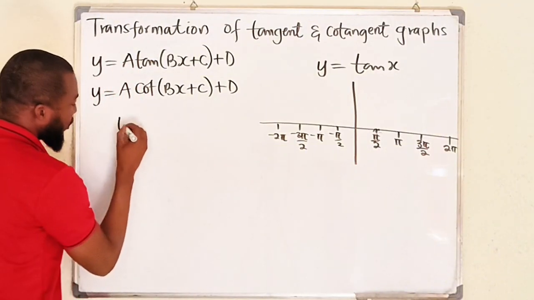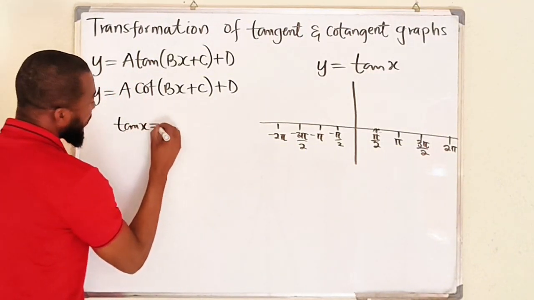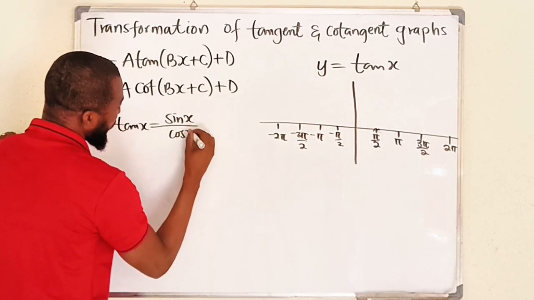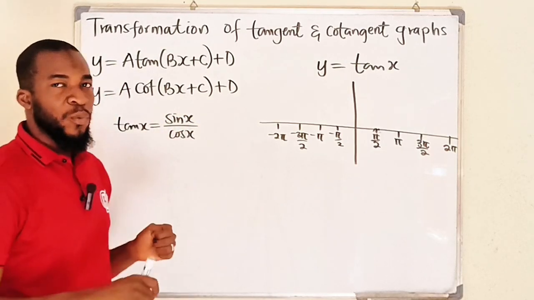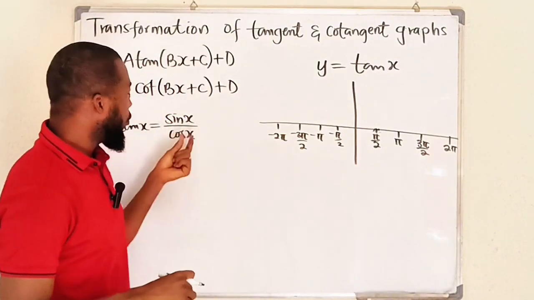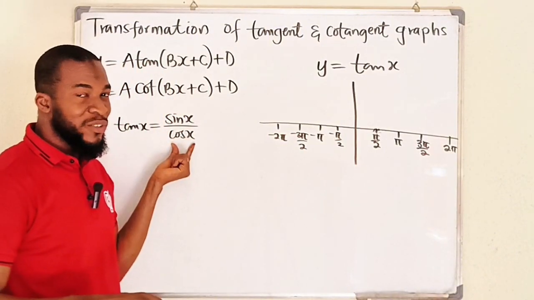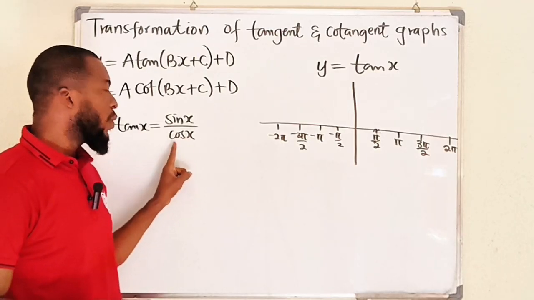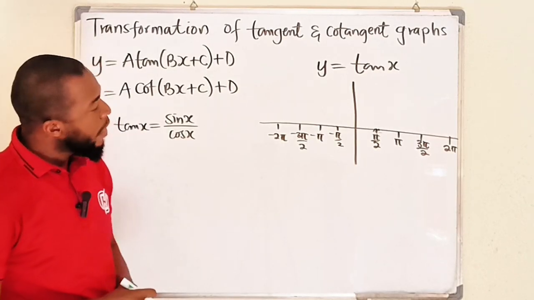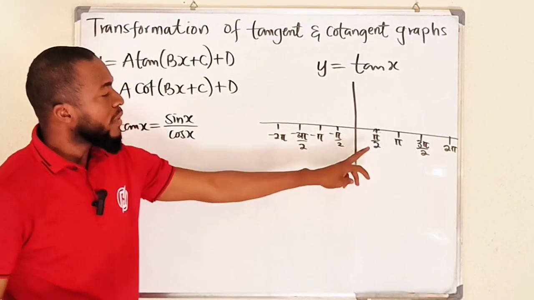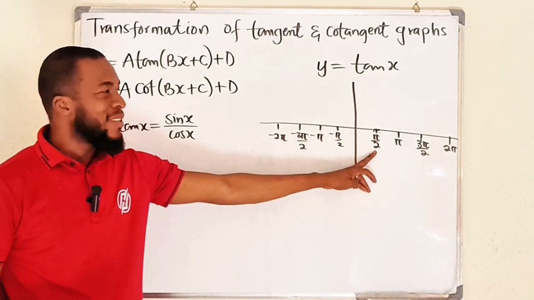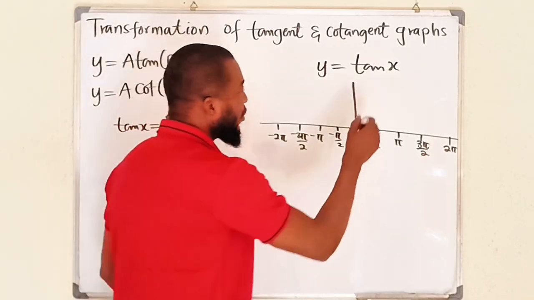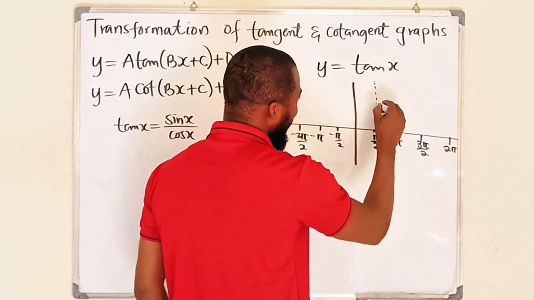Remember that tangent and cotangent are rational functions. So tan x is equal to sin x divided by cos x. Since it is a rational function, we don't want any situation that will make the denominator equal to 0. Therefore, we have to determine those values of x that will make cosine equal to 0. We know that cosine of pi over 2 is 0, so the graph will never cross pi over 2. We are going to have a vertical asymptote here.